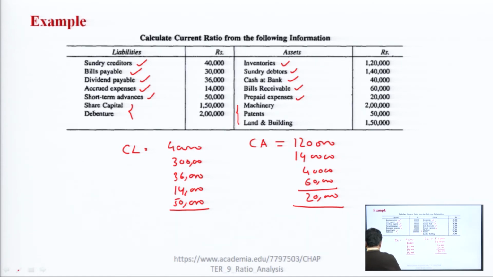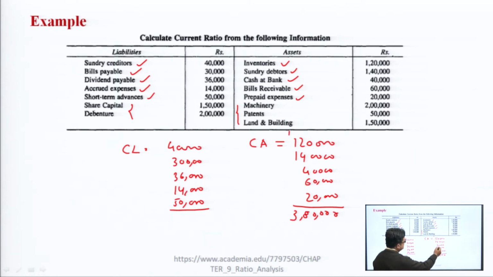So, we now calculate the things. 4 plus 2 is 6, plus 4 is 10, 10 plus 8, 3 lakh 80,000.